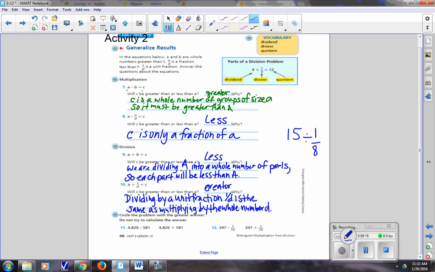We know in 1 pound there's how many eighths? 1 pound has 8 eighths. So already I know that I'm going to have a lot of eighths in 15 because it's the same as 15 times 8. Okay, so that's why C is going to be greater in this case.